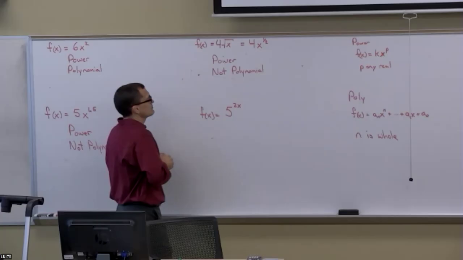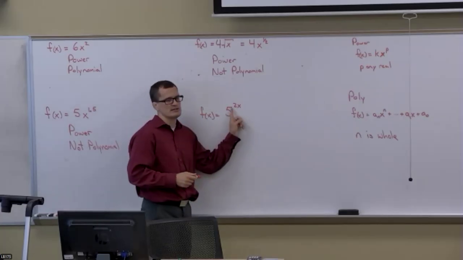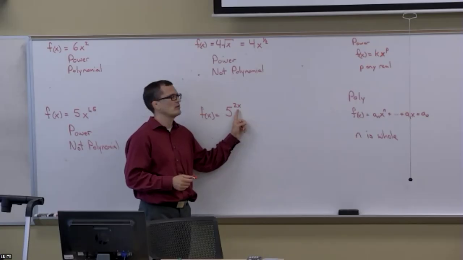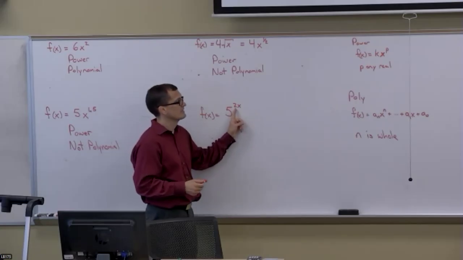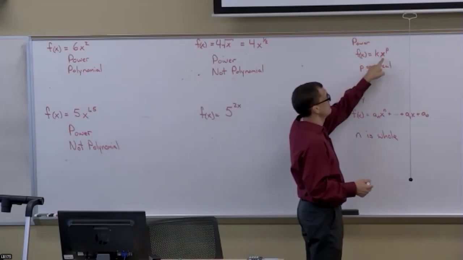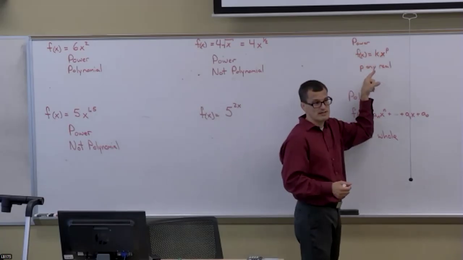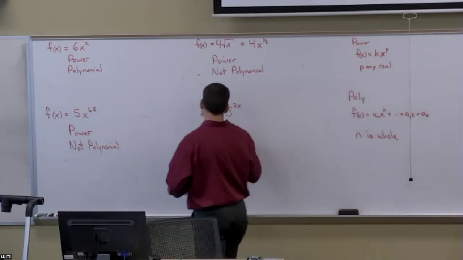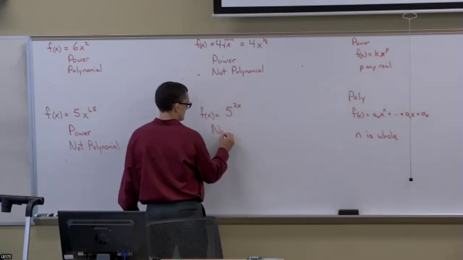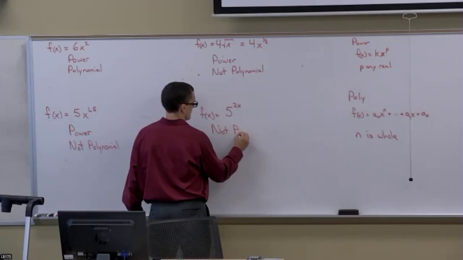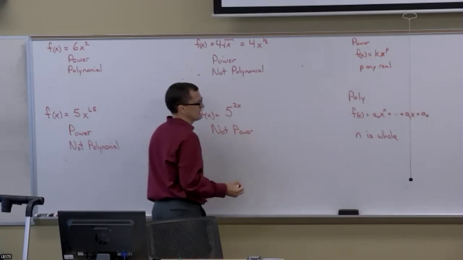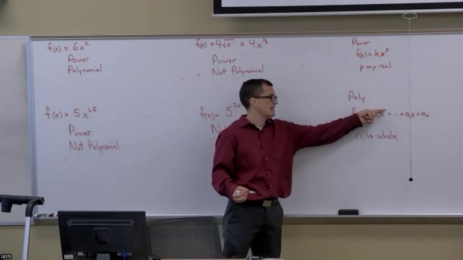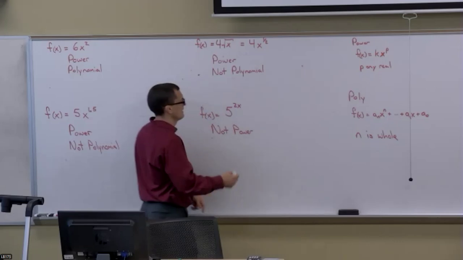Now this last one, we have our x value in the exponent. So even though we have an exponent, the x value needs to be the base part to be a power function, right? So this is not a power function. And we need to have whole numbers as our exponents.